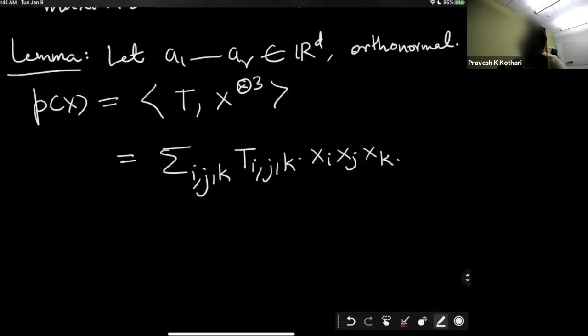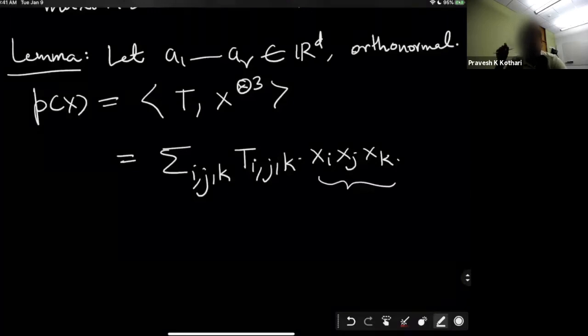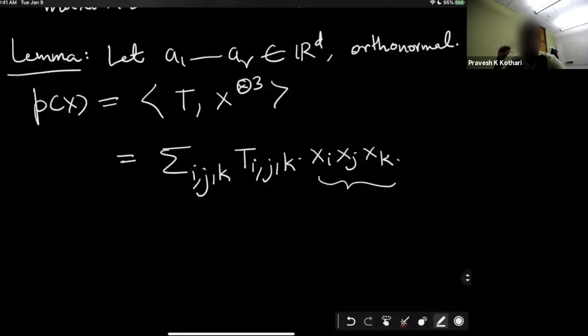The tensor has symmetries, right? So in particular, the monomial x_i x_j x_k appears how many times? 6 times, I think, because it appears as ijk, jik, ikj, and so on. And each of those entries of the tensor could be different, because the tensor is specified.